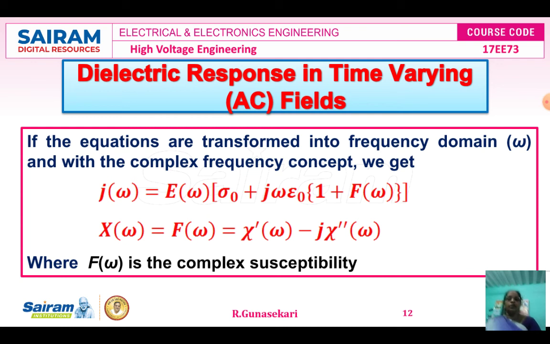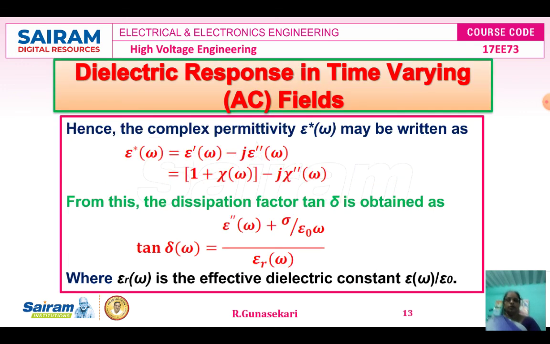So all the time domain equations are transferred into frequency domain equations, and with the complex frequency concept we get J of omega is equal to E of omega into (sigma plus j omega epsilon naught into (1 plus chi of omega)), and chi of omega is equal to chi' of omega minus j chi'' of omega, where chi of omega is the complex susceptibility.